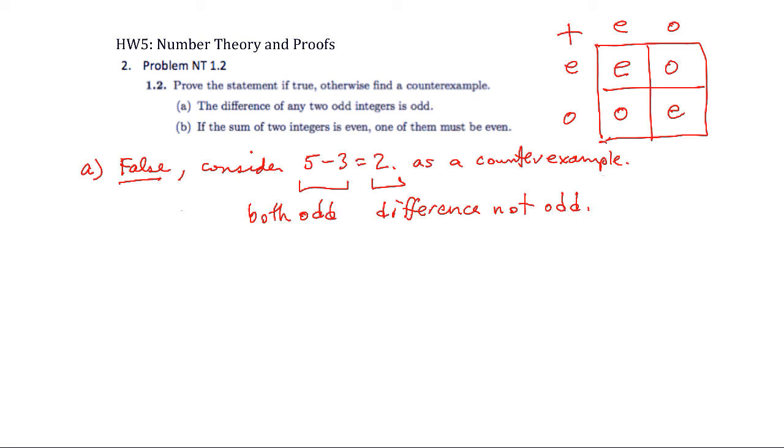Even better yet is to do something like the following. Part A is really an if-then statement. It says, if I have two odd integers, then their difference is odd.